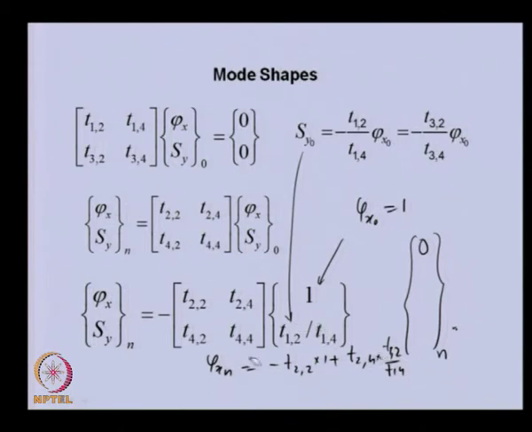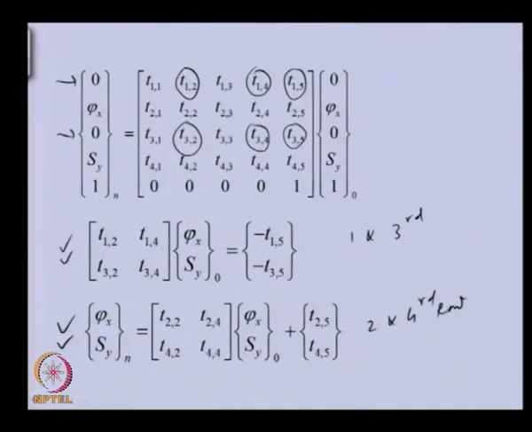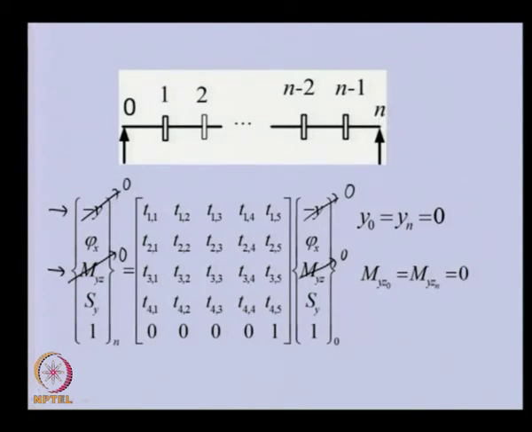So, you can see that we know this vector here. So, this will be substituted in the second place. Then the third place is for bending moment, that is 0 for simply supported case, because the nth disk we have already seen is having this boundary condition.